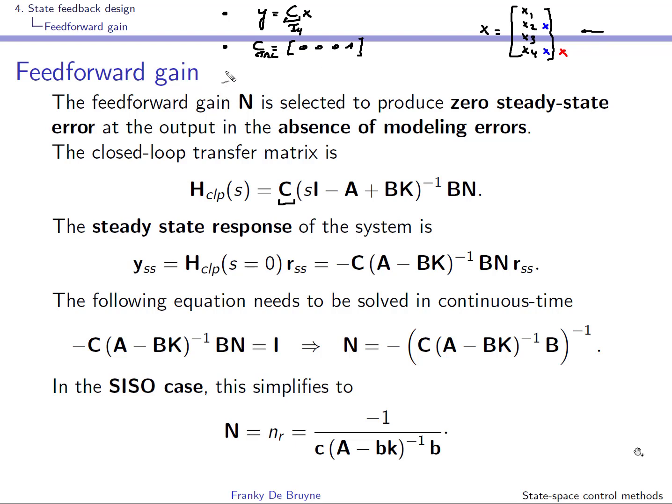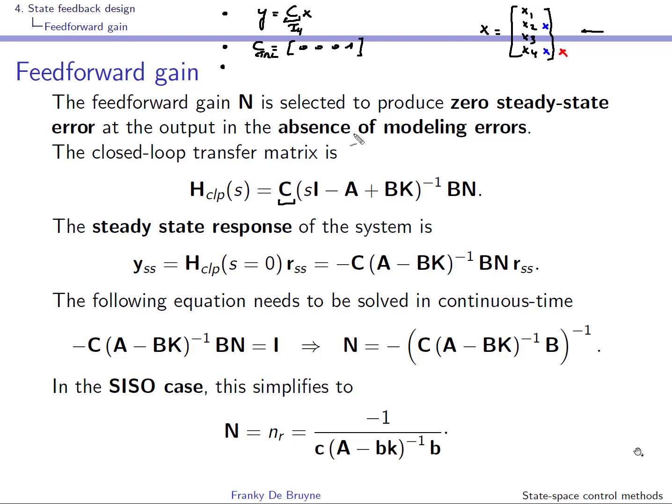Later on in the course, we'll construct an observer, and this observer will work with the states that are measured, right? Here x2 and x4 are measured, and the goal will be to obtain either an estimation of the full state or an estimation of the reduced state. Okay, x1, x3, these are the states that are not measured.